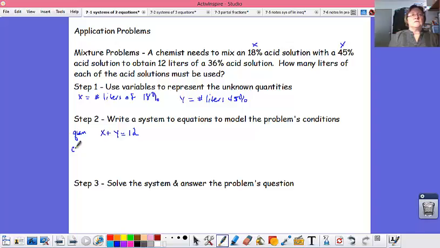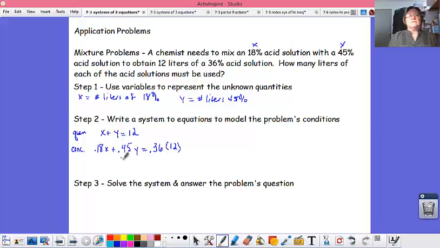As far as concentration goes, now we've got to think about this a little bit. We're using x liters of an 18% solution, so we're going to have 0.18x. We're using y liters of a 0.45 solution, so 0.45y. And we want the overall concentration to be 36%. We know that we need 12 liters altogether.